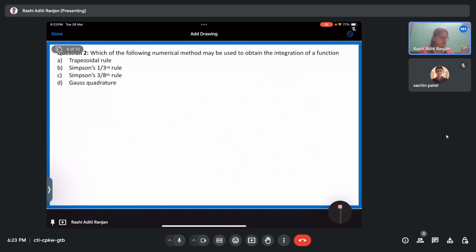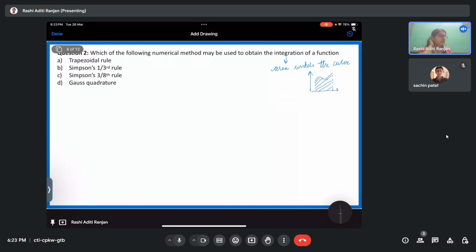Let me just first write it: integration of a function is area under the curve.